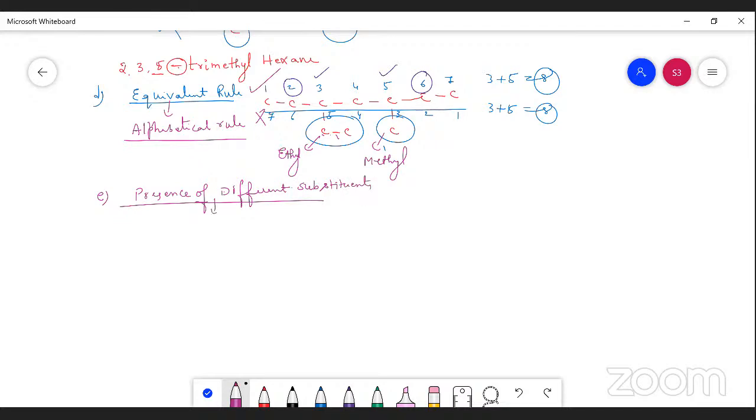We have to follow the alphabetical rule. I will give you an example to explain this.